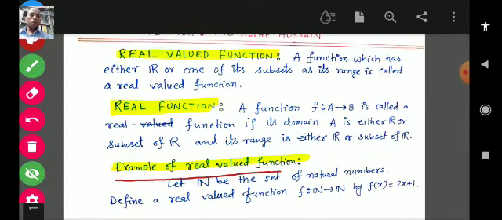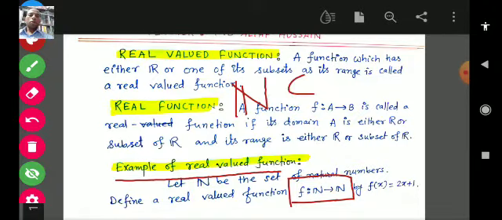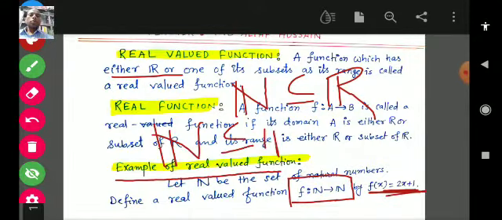Now we will see an example of a real valued function. We have taken a function from natural numbers to natural numbers. The natural numbers, we already know, are a subset of the real numbers, so it satisfies the first definition, and here we define it by 2x plus 1. So the range also will be natural numbers, and we know natural numbers are a subset of the real numbers.